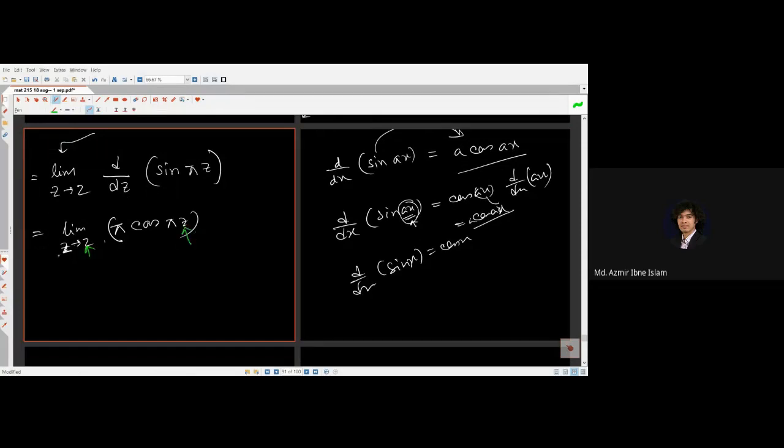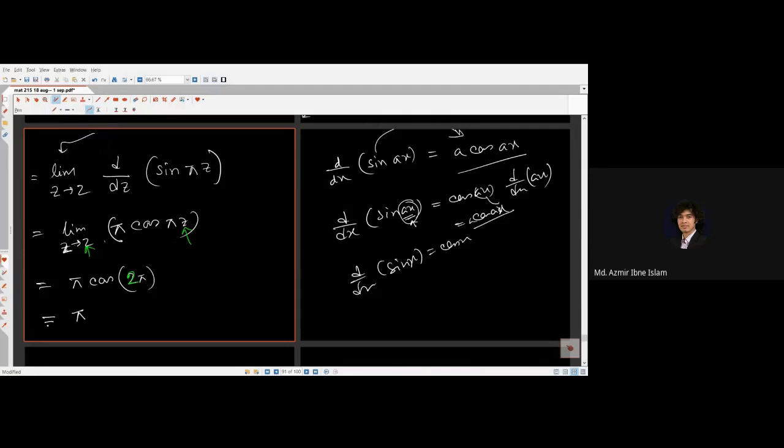So it is pi cosine pi z, and we are plugging z as 2, giving pi cosine 2 pi, and cosine 2 pi is 1.